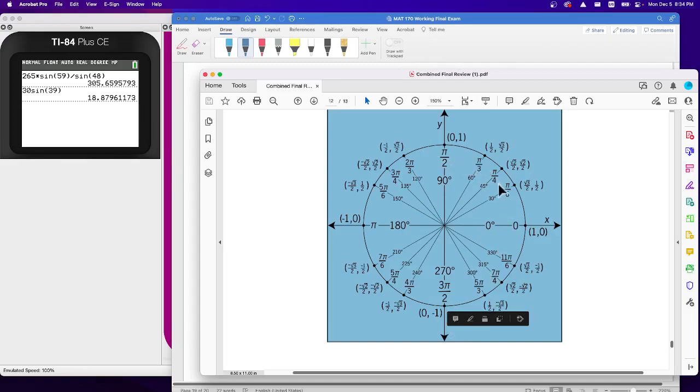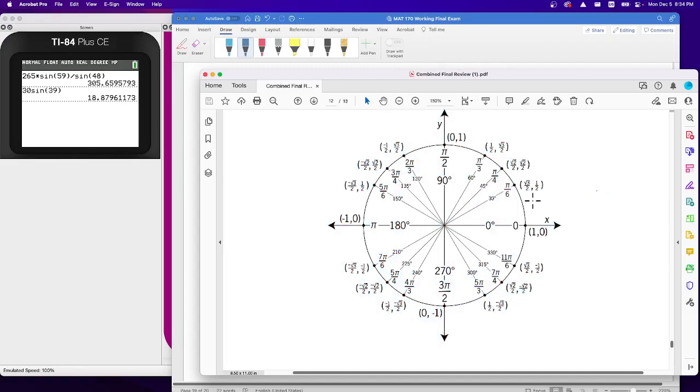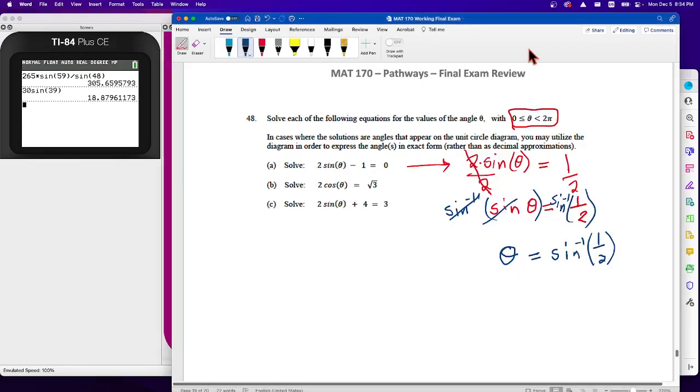So it's this part of the circle. So for the information we have, it's going to be pi over 6 or 30 degrees. They want them in radians, so for this one, we would say theta equals pi over 6.